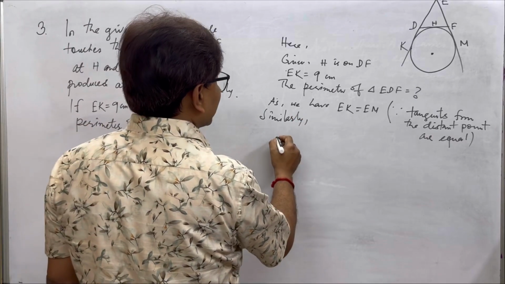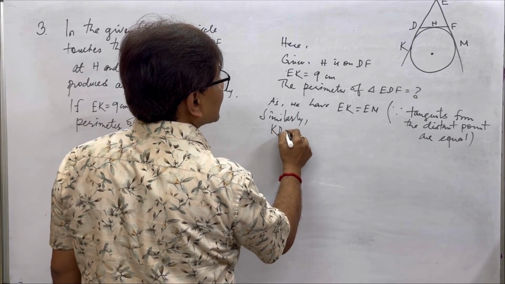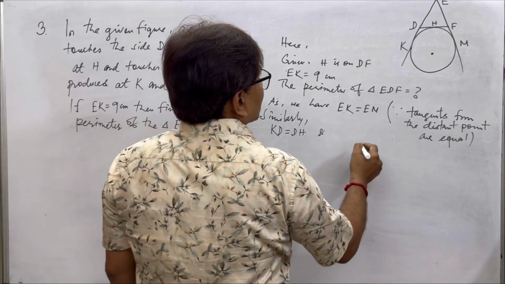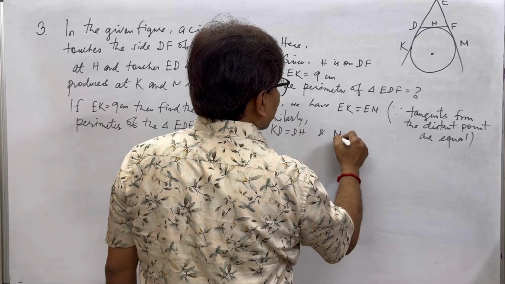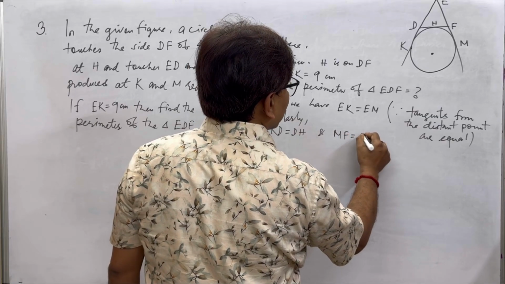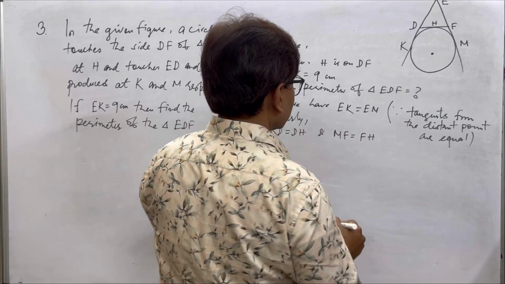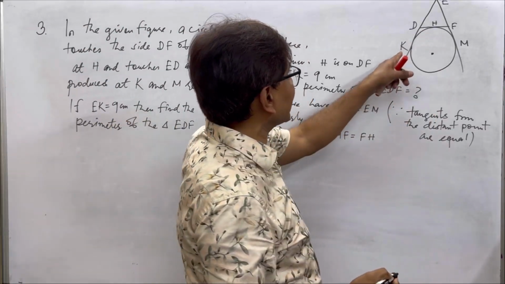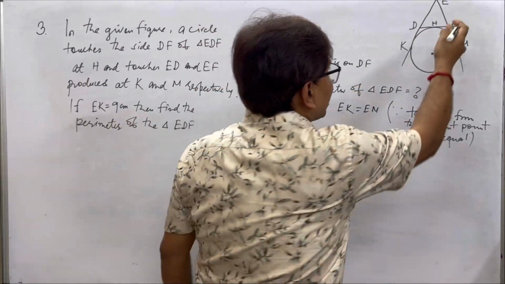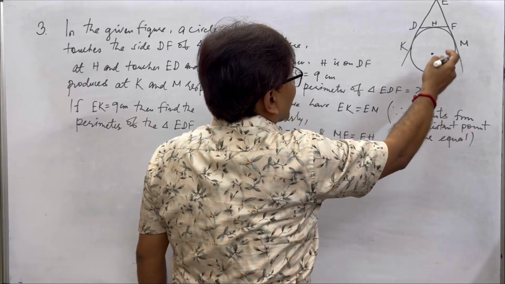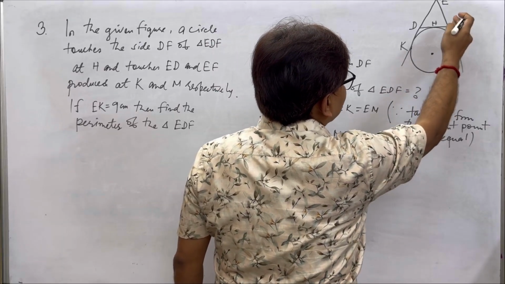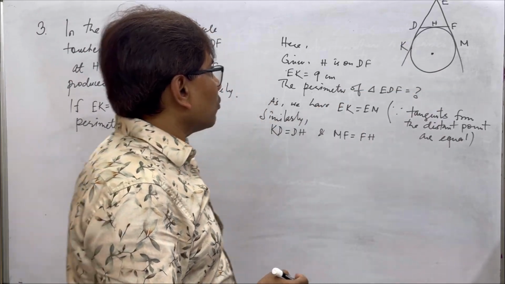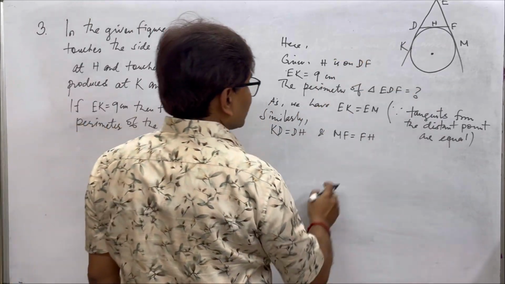Similarly, we can say KD equals DH and MF equals FH. Similarly, because tangents from the distant point, here D is the distant point of the tangents KD and HD, and F is the distant point where the two tangents HF and MF meet. So we can say these are also equal, FH.